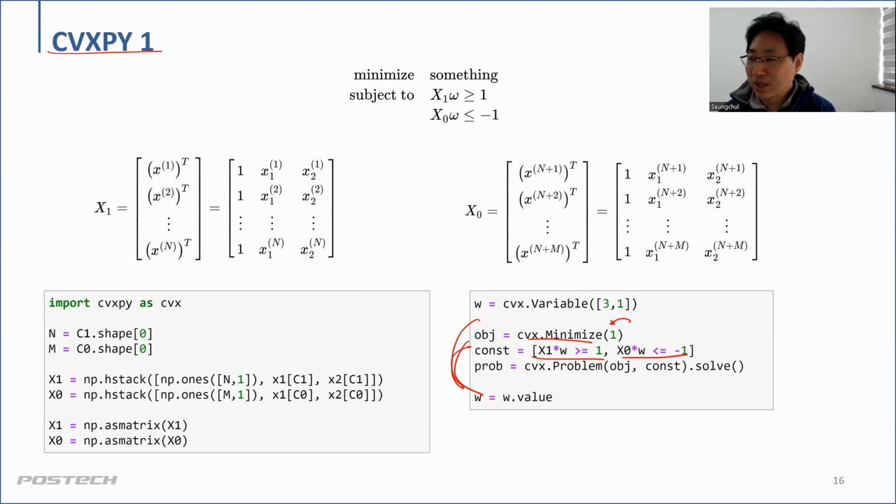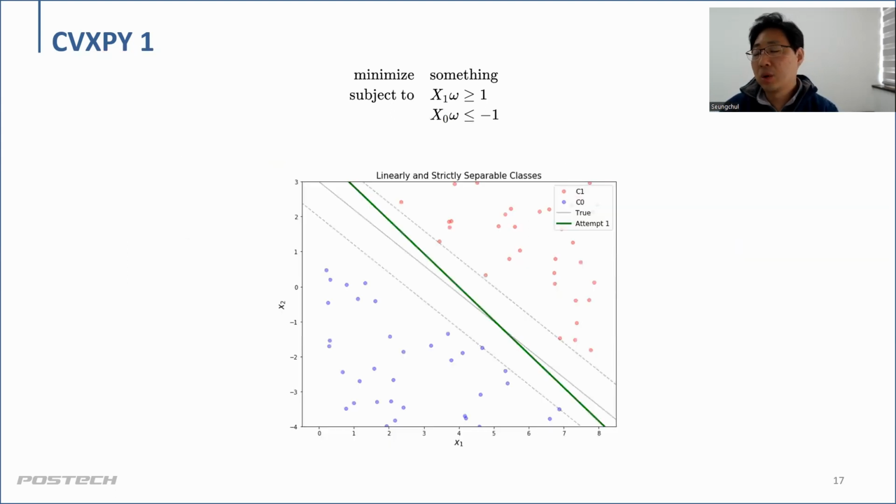It's trivial, but we put everything into the constraint conditions. And this is what we got out of the first attempt, which is good because we started from a linearly separable data set. And you can see this is working well.